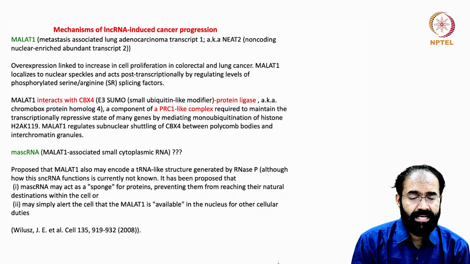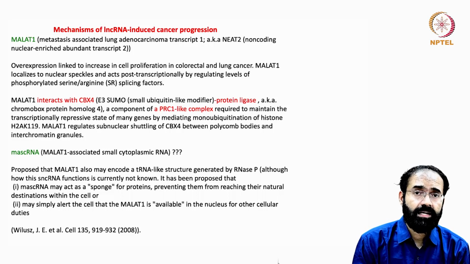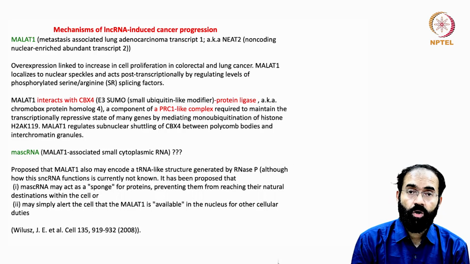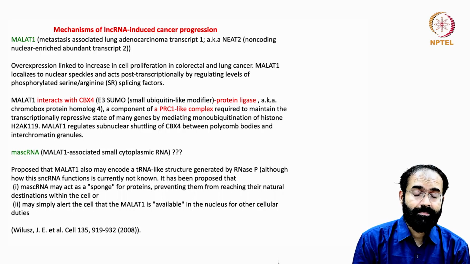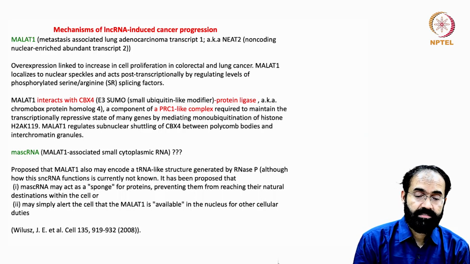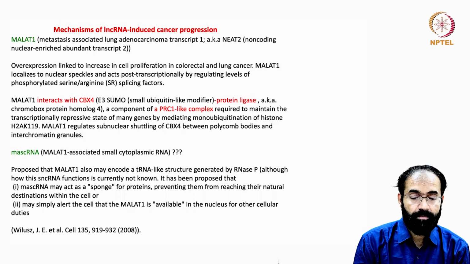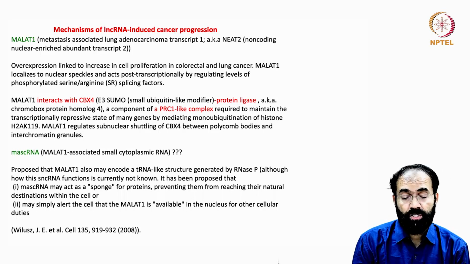Although how this small non-coding RNA functions is not fully understood yet, it is proposed that MASC RNA may act as a sponge for proteins, preventing them from reaching their natural destination, where they are supposed to be present within a cell, or it may act simply by alerting the cells that MALAT1 is available. That means it can act as a mimic in the nucleus for its nuclear duties.